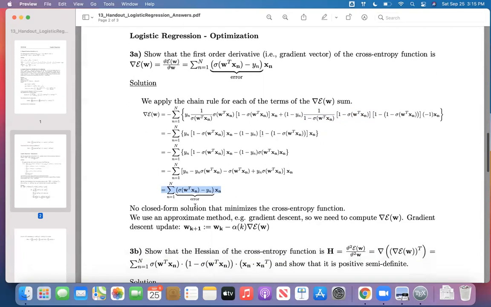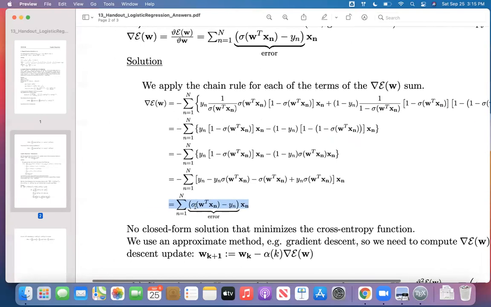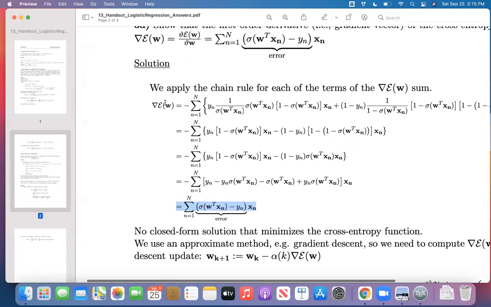So you can see that in this final sum, basically the gradient of the cross-entropy error depends on the difference between the predicted probability from the actual label of each training sample. And this is again some type of error.